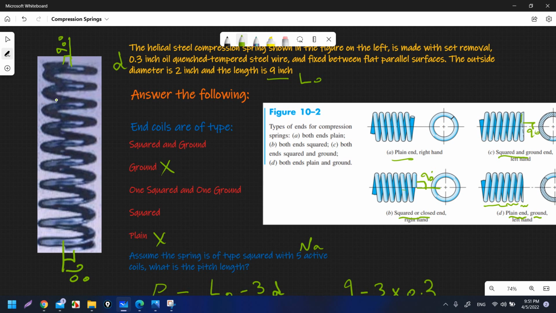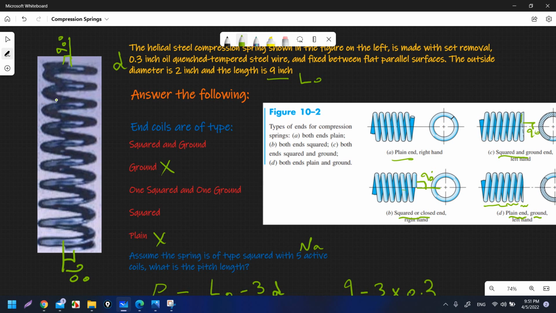Now I have three multiple choices that contain the word squared. As you can see, these coils have a thickness less than the end coils.